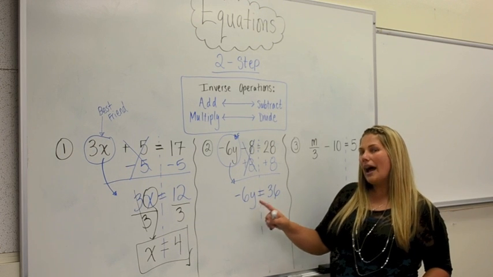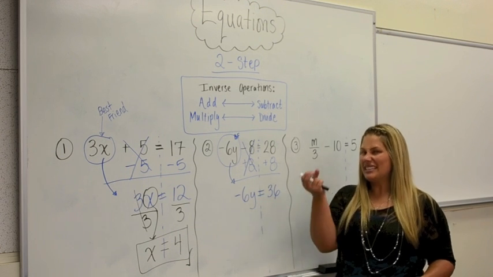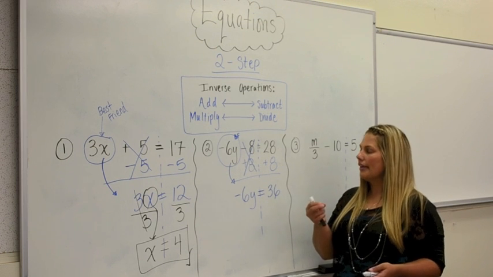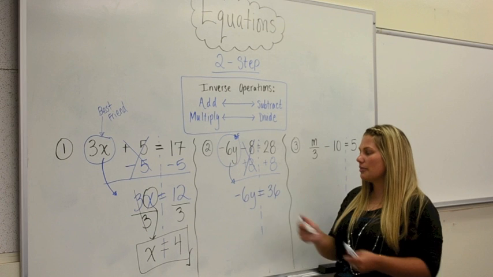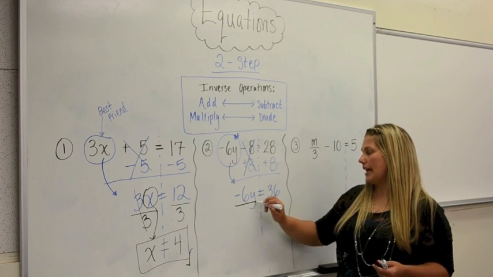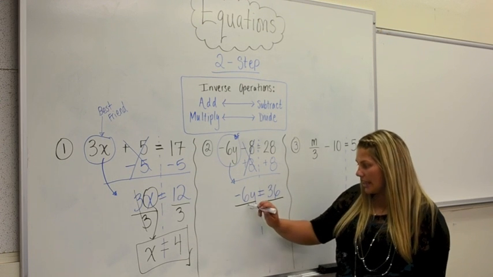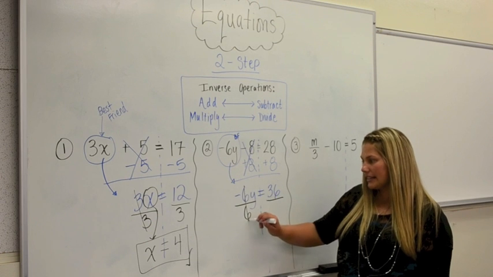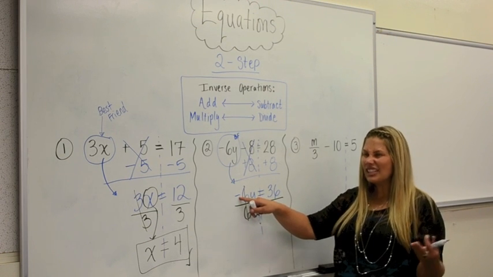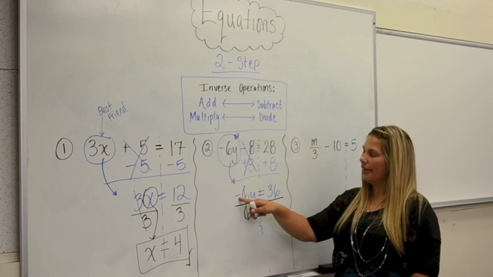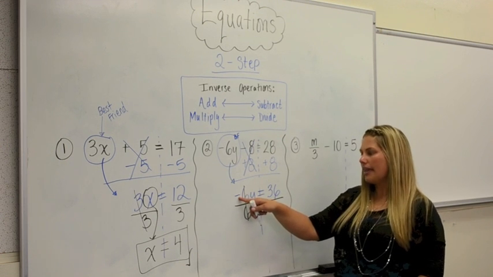Now, is y minusing the 6, or are they touching? Remember, they're touching, and touching means multiply. So to get rid of multiply, I have to divide. If I just divide by that 6, what's still there? Shoot, I still have a negative. Well, then I can't do that.